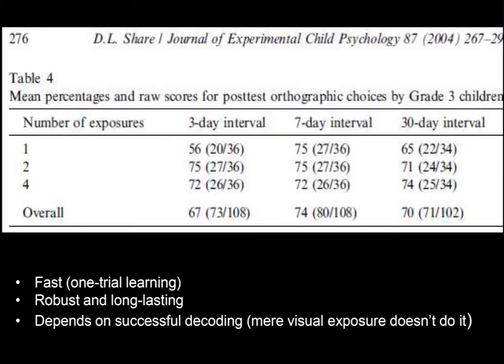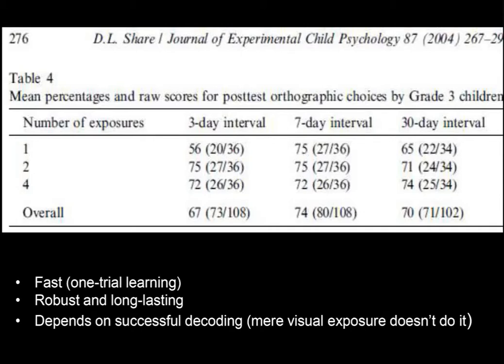They just read this passage, and 3 days later, you get an orthographic choice task where you have 2 homophones, words that sound alike. Then they get asked, what's the right spelling of that word? After 3 days, with only 2 exposures, they have it, 75%, and it lasts. Even after 30 days, they still know the right orthography.